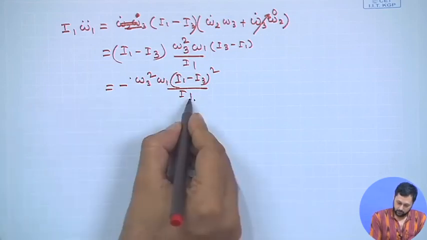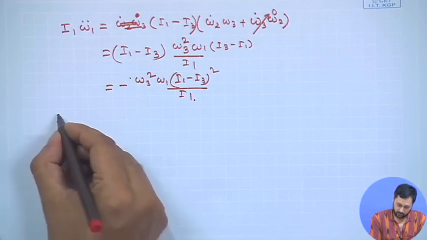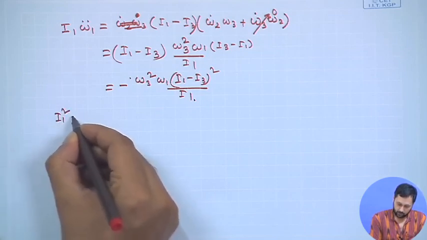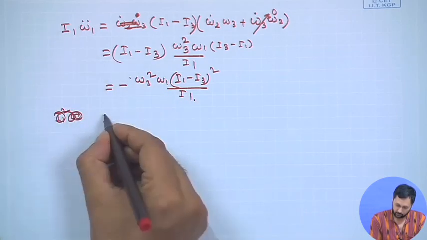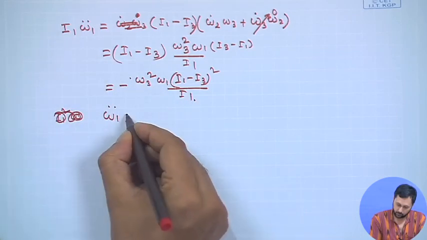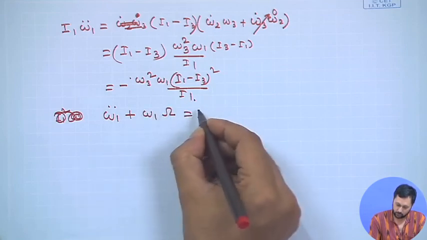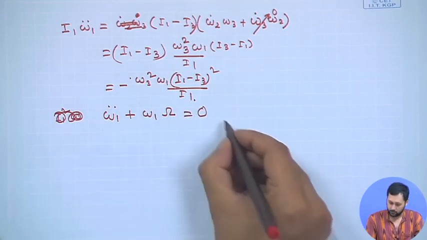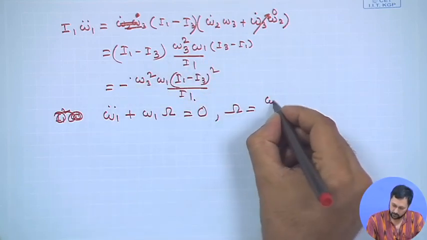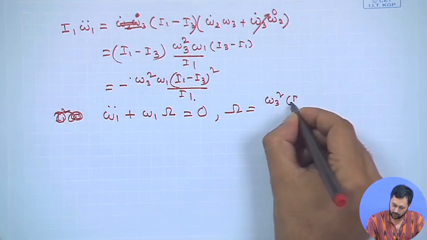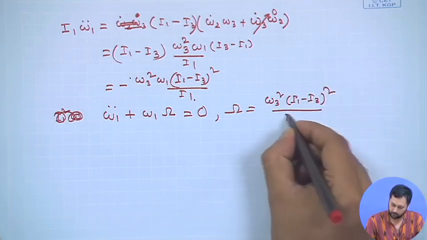So, taking this to the other side, you immediately get omega 1 double dot plus omega 1 times capital omega equal to 0, where capital omega is this constant, given by omega 3 square (I1 minus I3) whole square divided by I1.